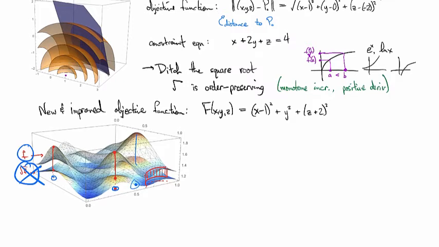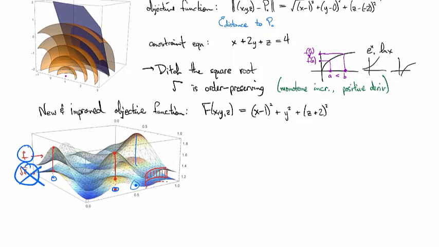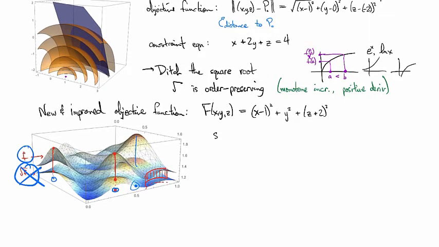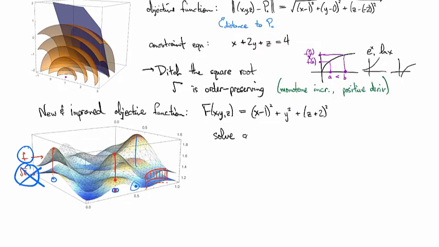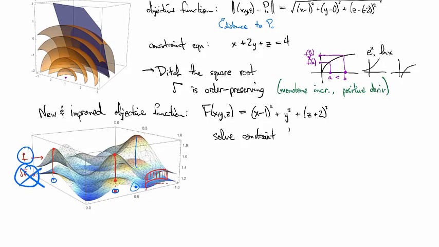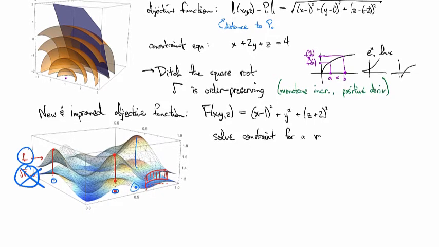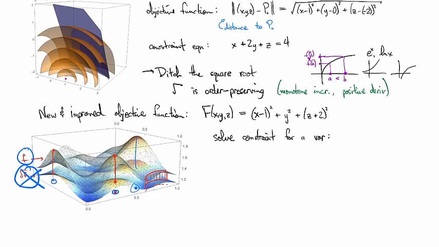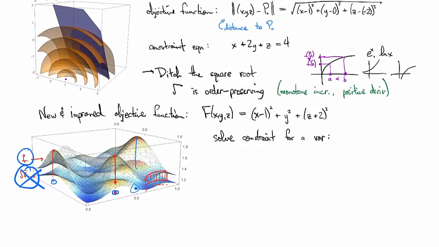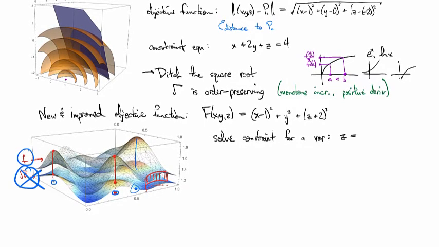Okay, so given that, let's proceed with the program. The standard thing to do is step one, we solve the constraint for a variable. And this time, I think I like to pick on z for whatever reason, so I solve it for z again.